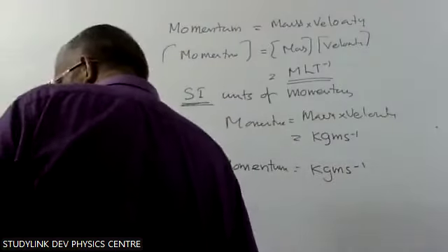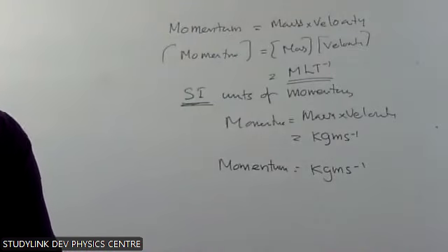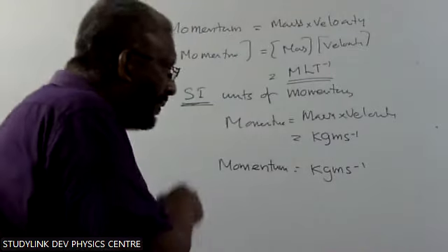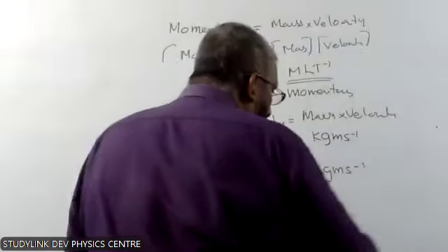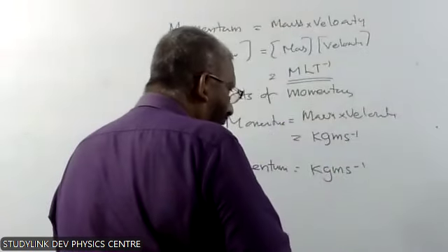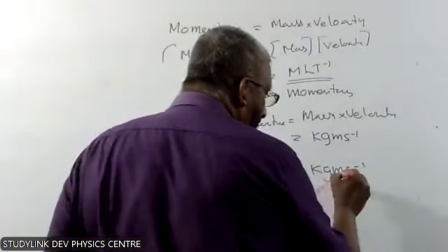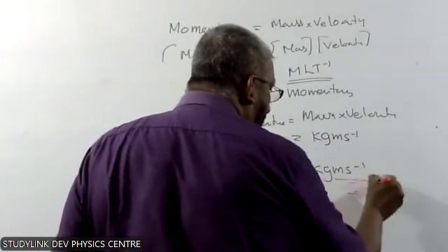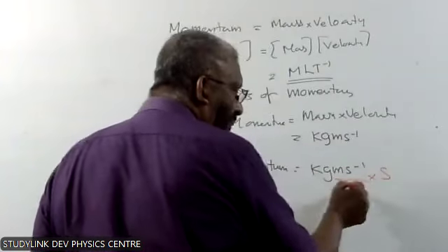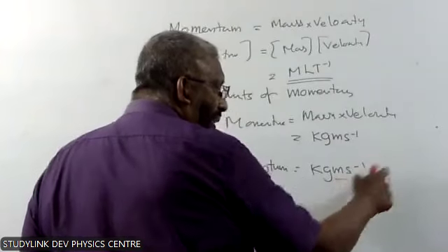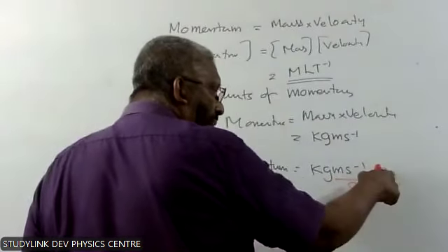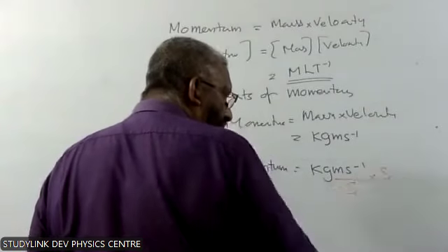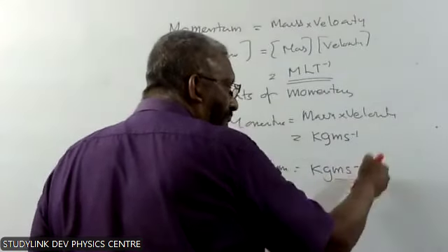Now see what I am going to do. I can divide this by S and multiply by S. Nothing would happen. So these two cancel out, just like divided by 10, multiplied by 10.